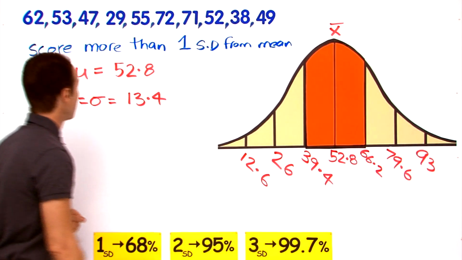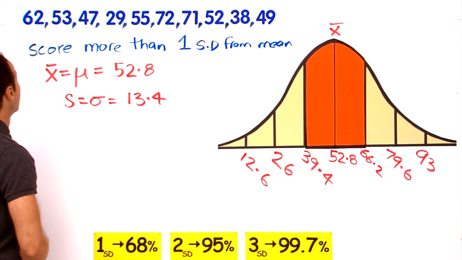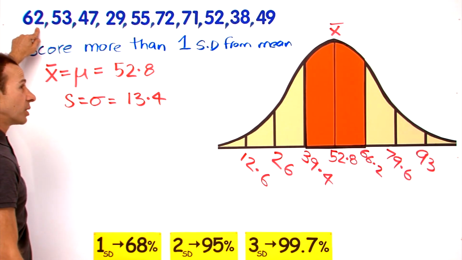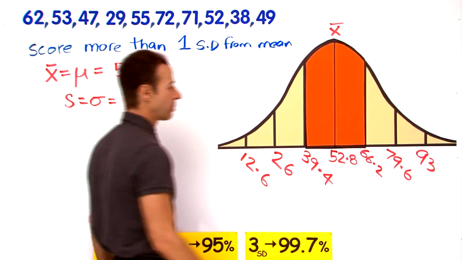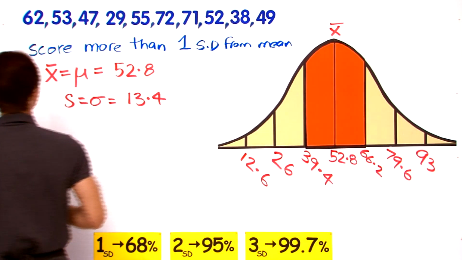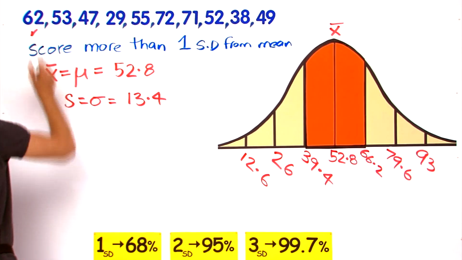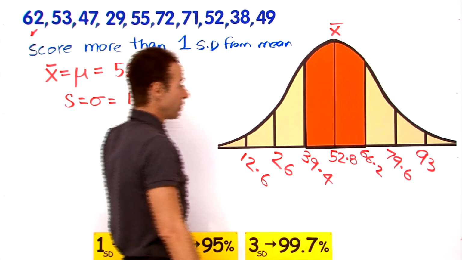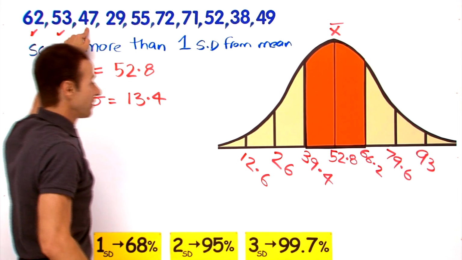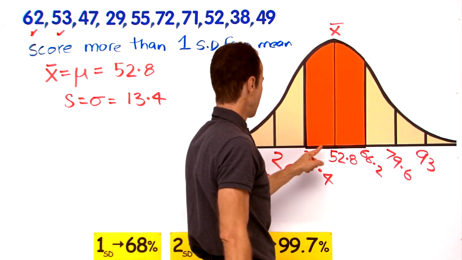So let's have a look here. Let's go through and start marking them. Well, the first one we have is 62. Where is 62? Well, 62 is going to be approximately in here. So that's within one standard deviation. So that stays. 53, let's have a look where 53 is. That's right there. Within one standard deviation, that stays. 47, 47 is somewhere in here.